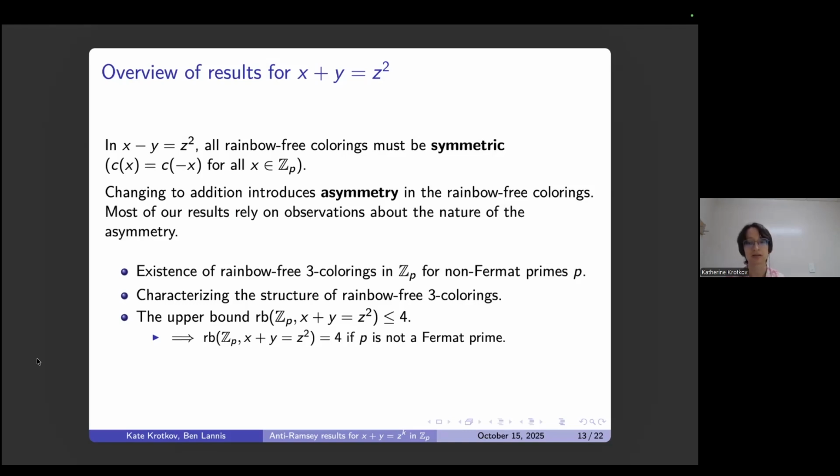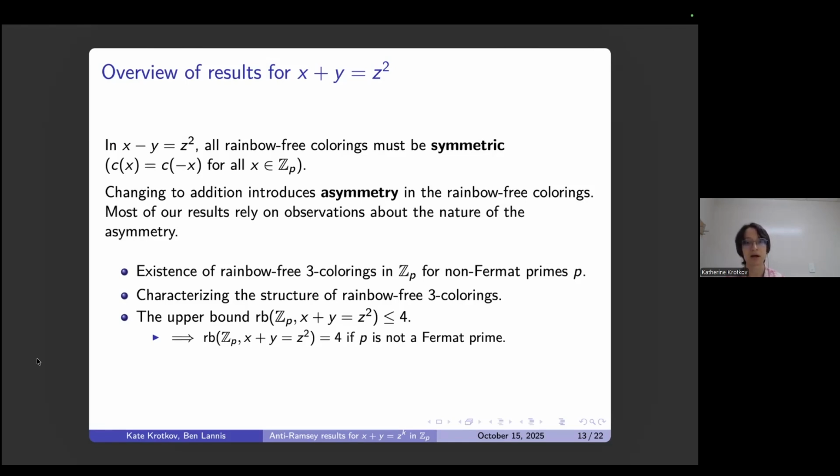And so, because all these colorings are symmetric, like Professor Chang said, that means that any rainbow-free coloring of ZP under x minus y equals z squared will give us a rainbow-free coloring of ZP under x plus y equals z squared, because x plus y equals z squared is the same as x minus negative y equals z squared.